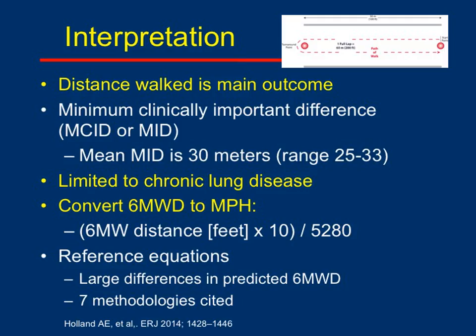There's 7 different methodologies cited in the statement. There's quite a bit of variability. If you use this, you have to describe which one you're using, and also try to understand, has that method been tested in the population that you see? So it's got some considerations when you're using it. Next slide, please.